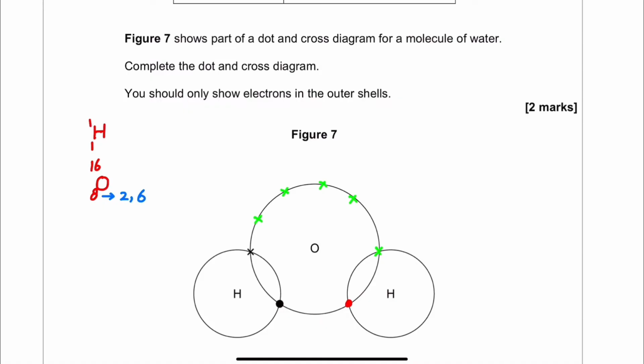Hydrogen has 1 and 2, a shared pair of electrons. So this hydrogen is satisfied. For this hydrogen, 1 and 2, a shared pair of electrons. So it has 2 electrons in the outermost shell as a result of sharing. We see the oxygen has 1, 2, 3, 4, 5, 6, 7 and 8 electrons in the outermost shell after making the covalent bond.